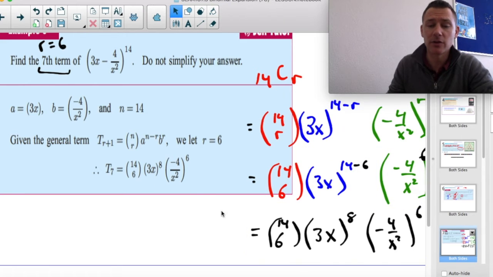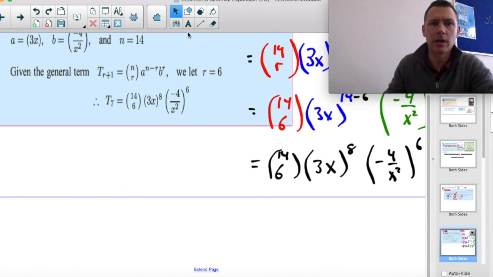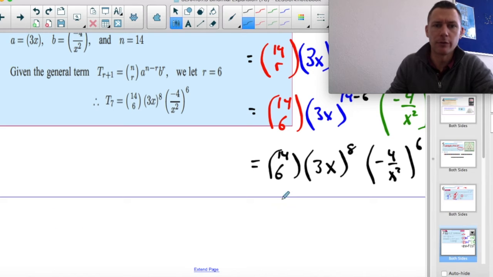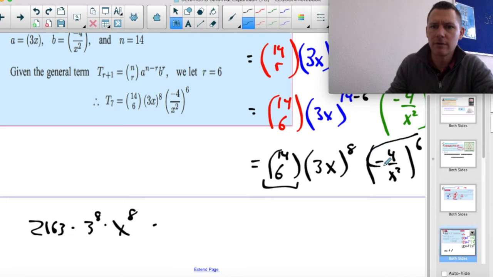Yes, you can clean it up. You can simplify it. It would look like this. You'd put this in your calculator. It would give you this, making stuff up. You'd say I have 8 3's and 8 x's. So you'd go 3 to the 8. You'd put that in your calculator. You'd have that as well. You'd have 6 negative 4's. You'd put that in your calculator, and you'd have 6 negative 2's.